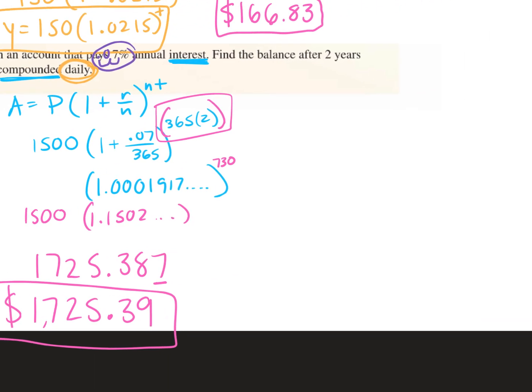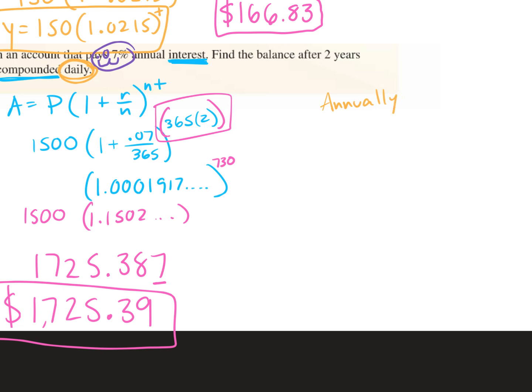No, so N changes depending on how many times it's compounded. So if it was compounded annually, what would N be? How many times does that happen a year? 1. What if it's semi-annually? 2. What about monthly?